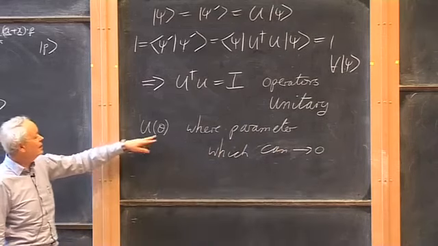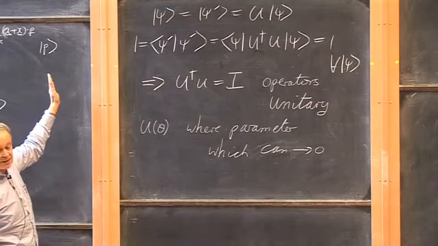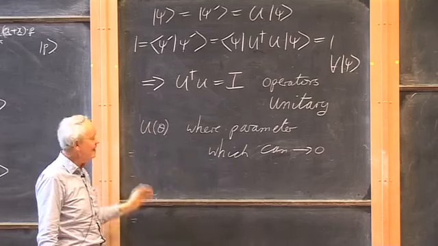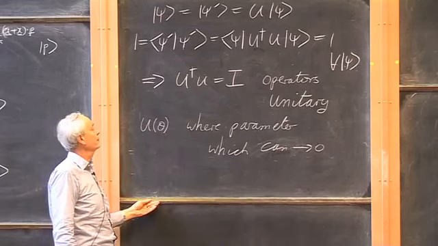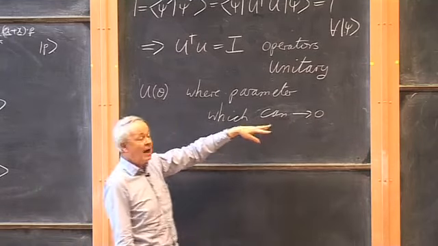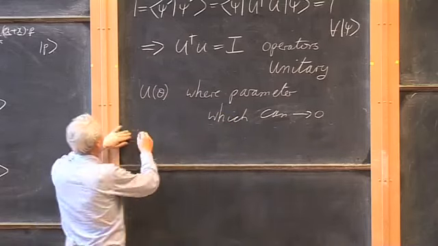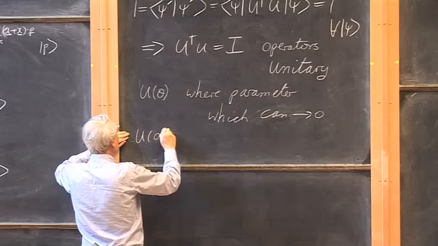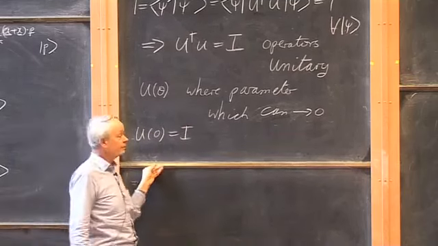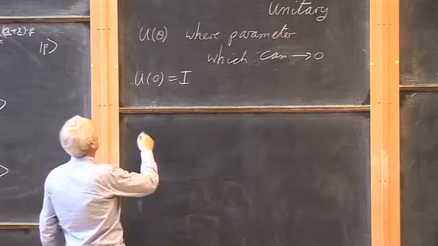So the idea is that θ is the amount by which you've transformed. There, a was the distance which we had displaced, so a is analogous to θ. Here, θ just stands vaguely for the amount by which you can do something. And we want to be able to say that we can reduce this amount continuously down to nothing when we're doing absolutely nothing. So we're going to have that U of 0 is the identity operator, because that's the operator that does nothing.